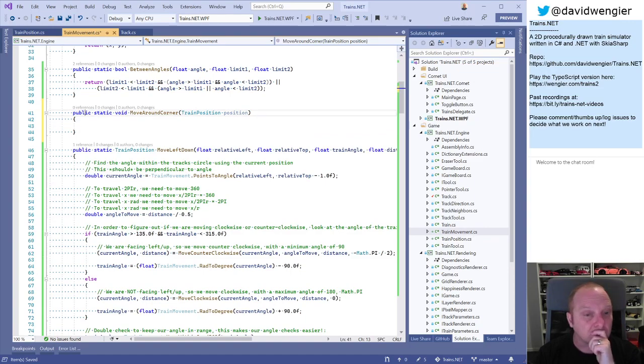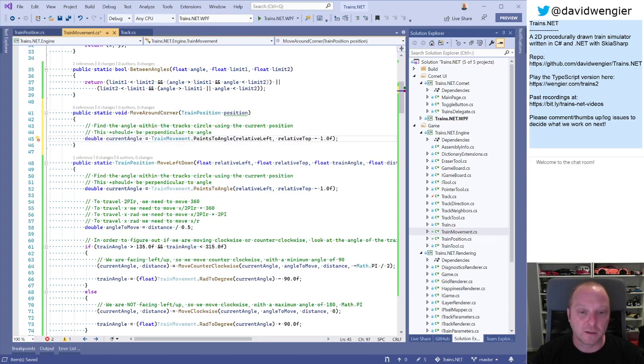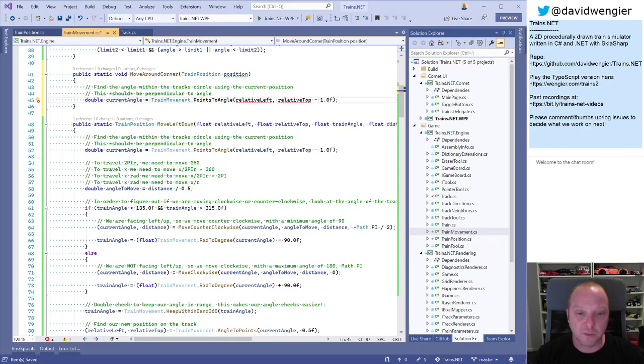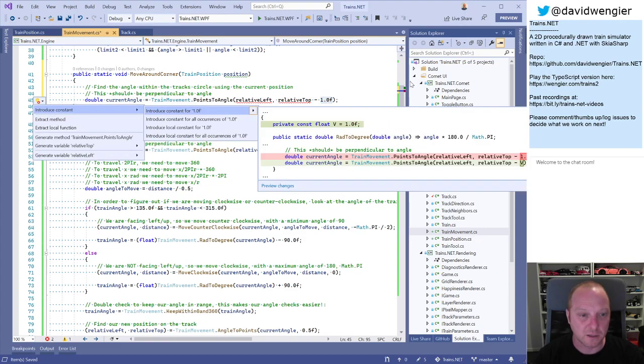Now, what type of corner? So, first things first, we find out the current angle. Move left down does this. So this, can I extract this to a parameter?